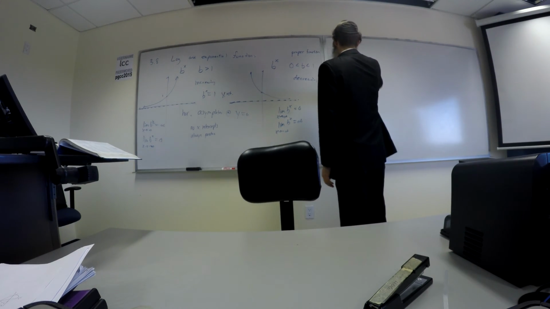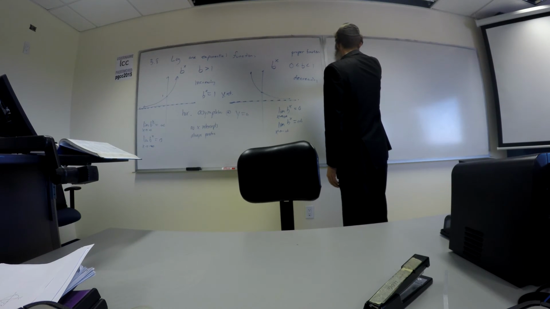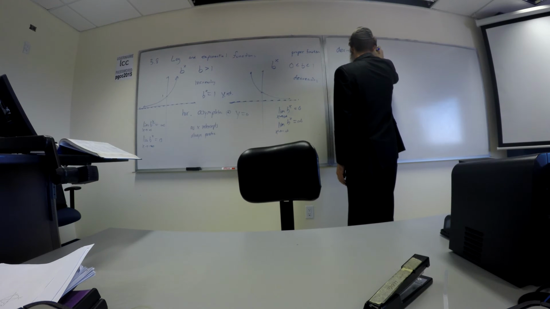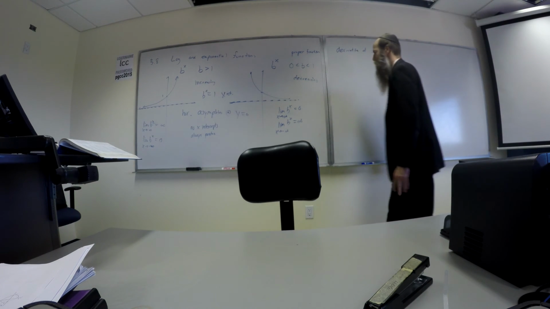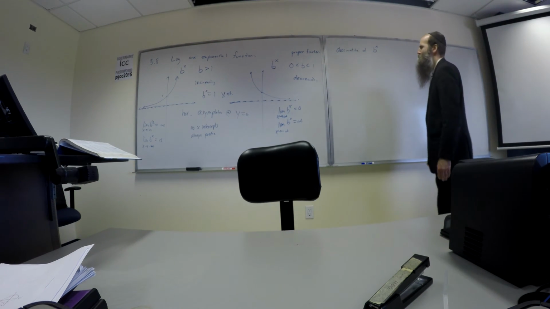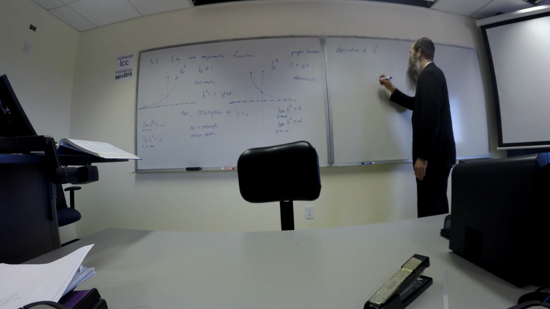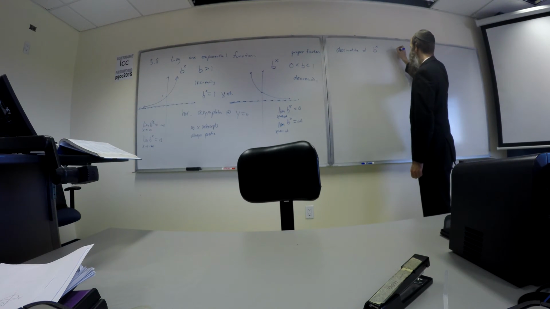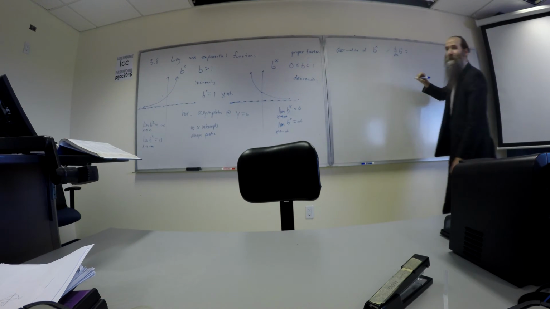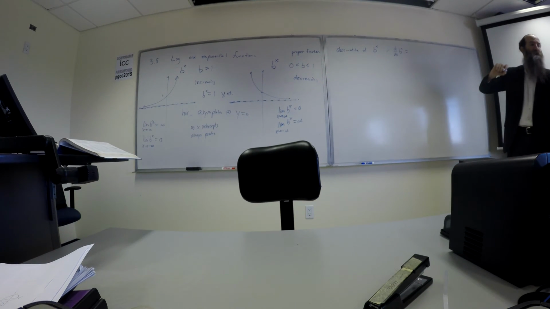All right, now I want to find the derivative of this thing. Derivative of b to the x. I'm just going to tell you. d/dx of b to the x is itself back again. It is b to the x back again.